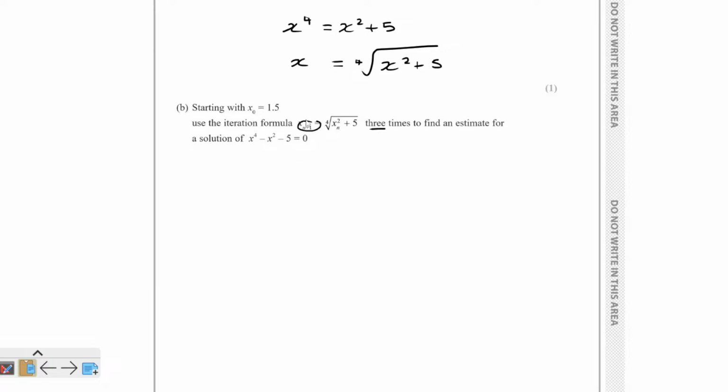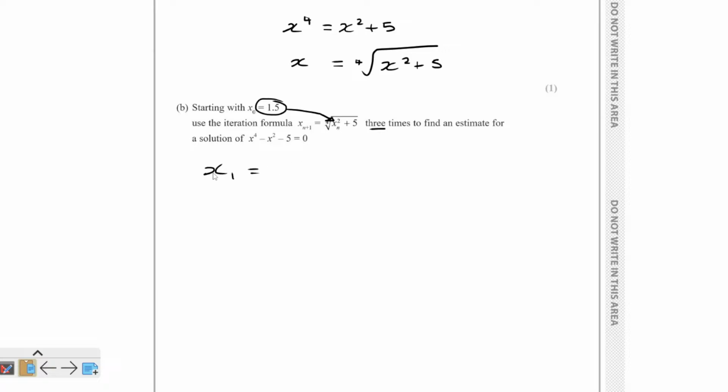So this bit, I feel like this can be quite confusing. It's almost like a sequence. You're going to substitute in the original, so in this case 1.5, to here to get your answer for x1. And then your answer for x1, you're going to substitute in again to get your answer for x2.